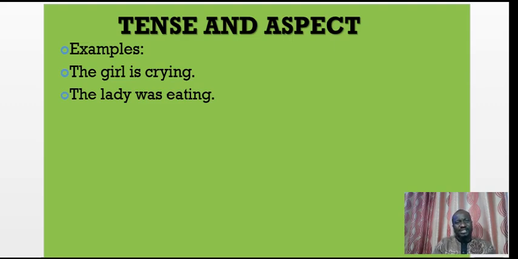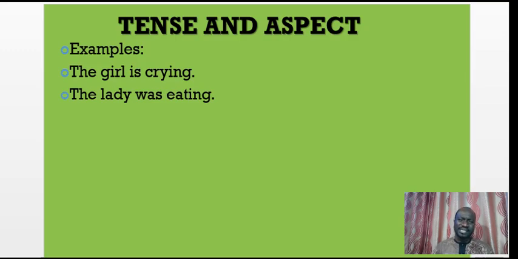It is letting us know whether the action is in the past, the present, or the future. So is here is letting us know that we are talking about the current or present time. But the crying is also showing aspect.